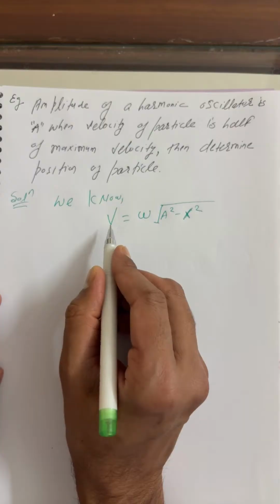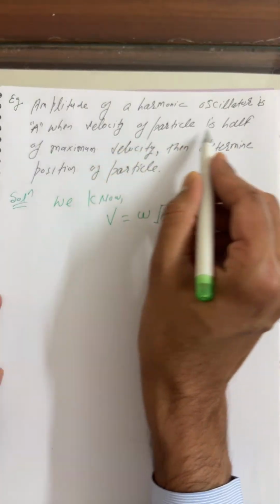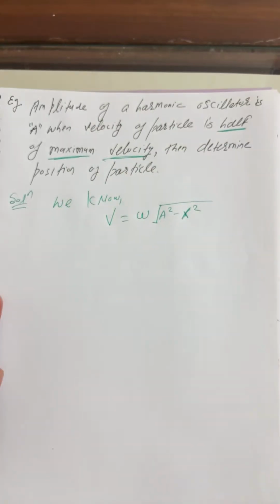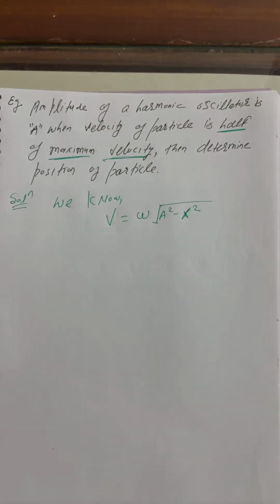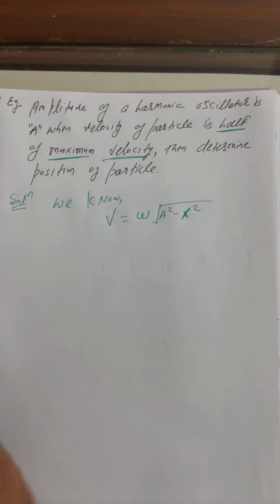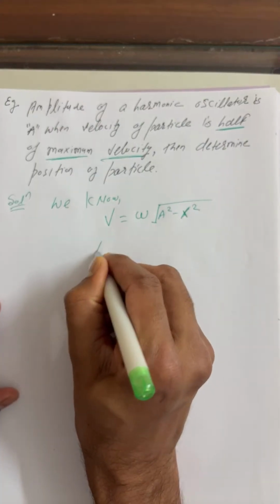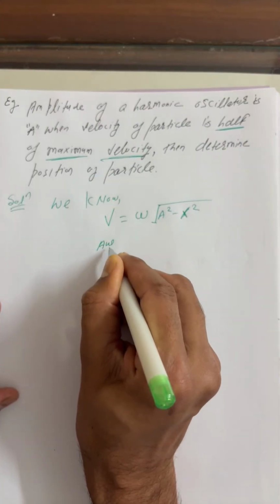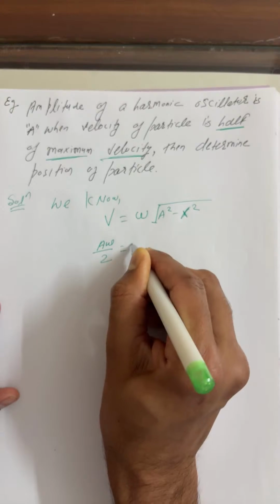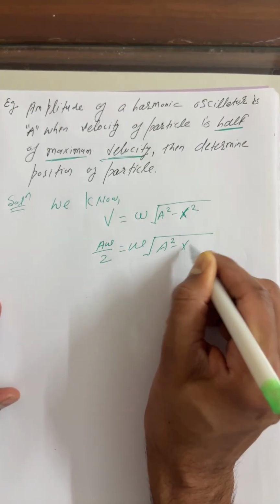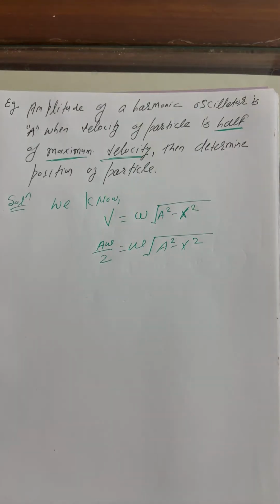What is mentioned here? The velocity of the particle is half of the maximum velocity. In yesterday's class, I said the maximum velocity is A omega. So A omega by 2 equals omega times the square root of A square minus x square.